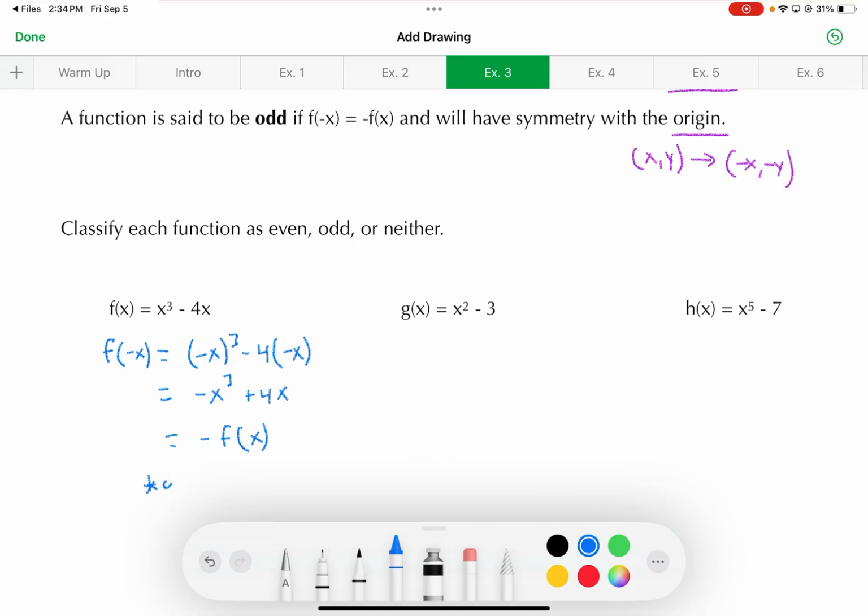So this is an odd function. G of x, if I evaluate it with a negative x, look what happens. I just get x squared minus 3, which is the same as the original. That means we're even.